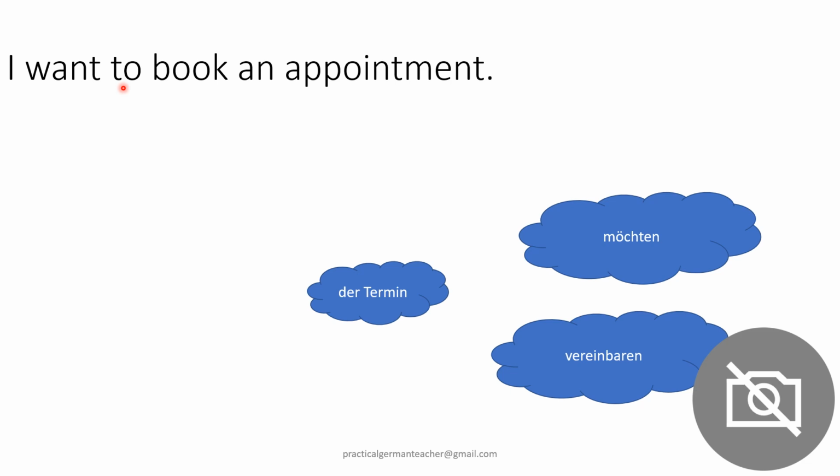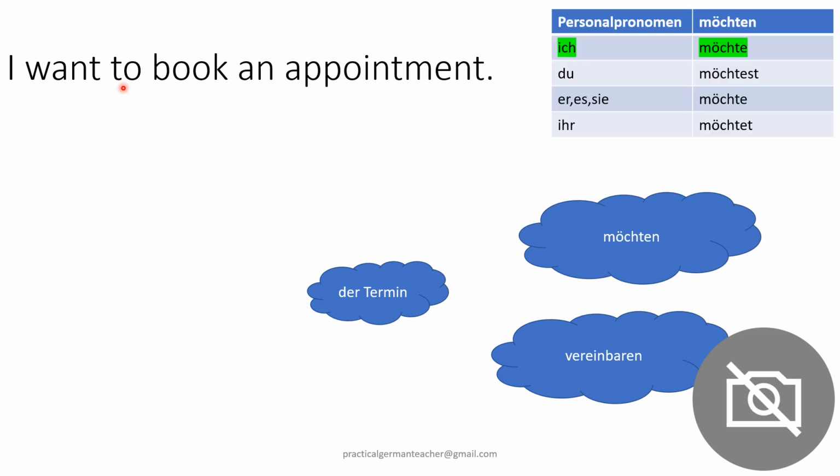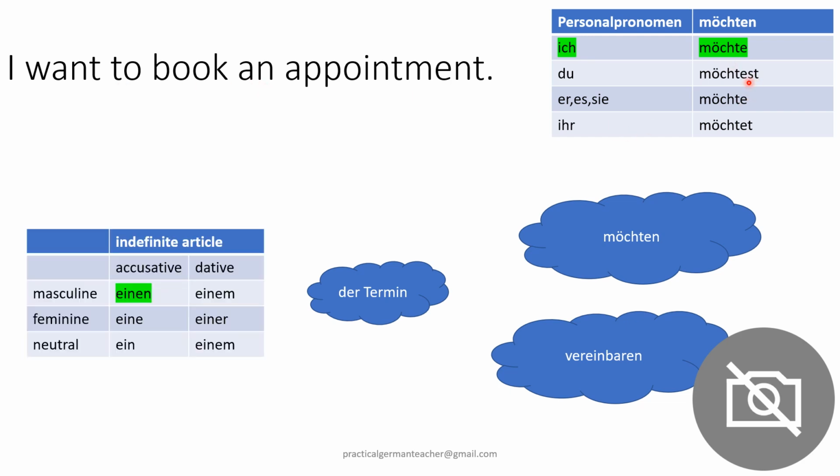Möchten is not actually a modal verb, it is a derivation of a modal verb, technically the Konjunktiv II of mögen. Mögen is a modal verb. You don't need to know all that. Whenever you want to say I want to, you can just use möchten. But you can also use wollen. That's not a problem. Of course, you need to know the conjugation table for this modal verb.